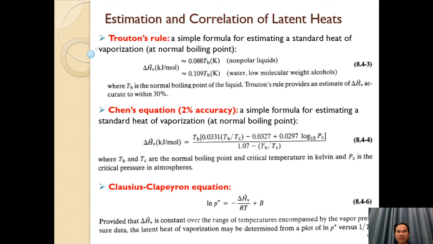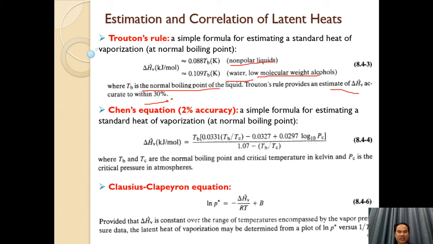Delta Sv equal to 0.088 TB. It is for non-polar liquid. This is at normal boiling point at 1 atm. And also equal to 0.109 TB. This is for water or low molecular weight alcohol. TB is the normal boiling point. But for this rule the accuracy is within 20%.